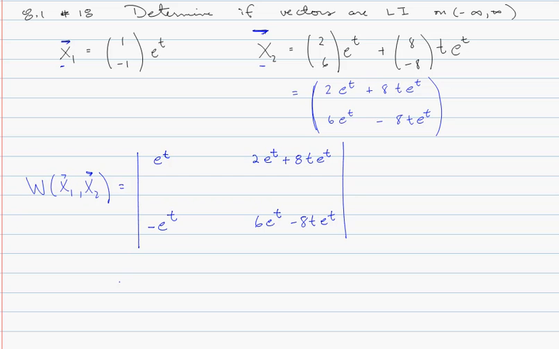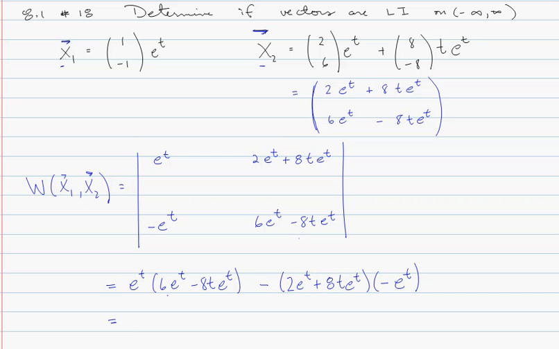We take the determinant here, and we get e^t times 6e^t − 8t e^t, minus (2e^t + 8t e^t) times negative e^t.